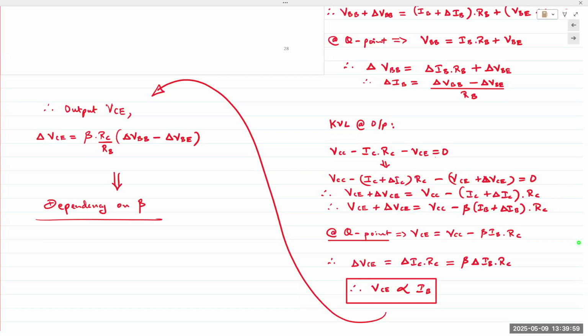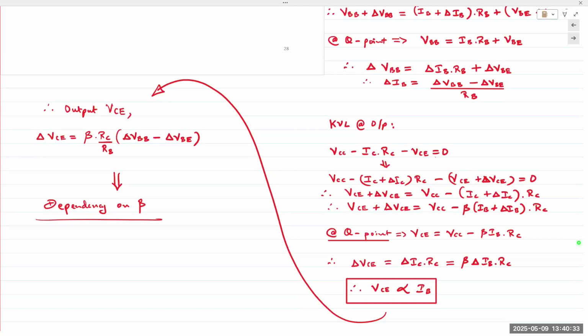Of course, we want to obtain an expression for VCE and IC. So at the Q point, if we don't count any of the AC components, we obtain VCE is equal to VCC minus beta IB times RC. Beta IB replaces IC. And then we realize from here, delta VCE is directly proportional to IB, right? IC is proportional to IB. And so VCE is proportional to IB.